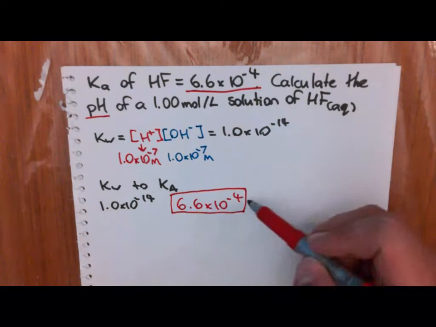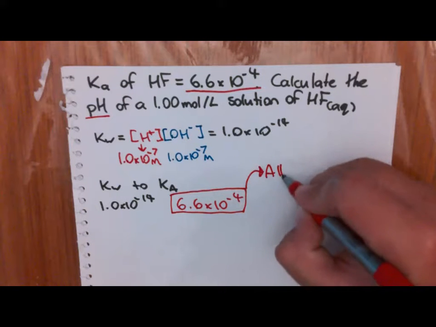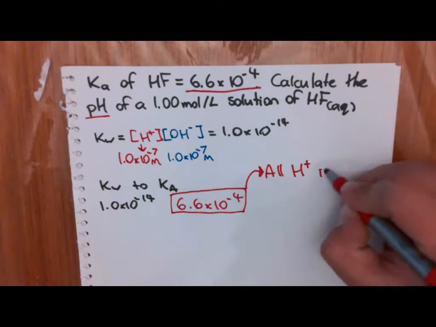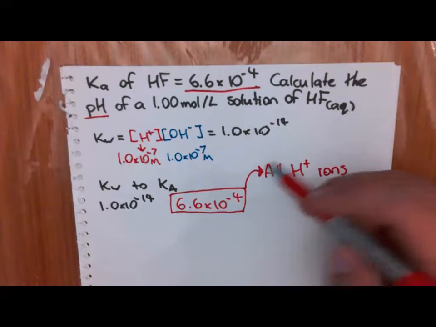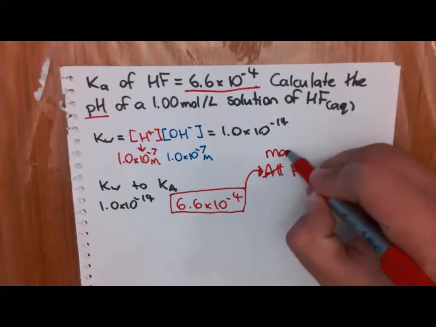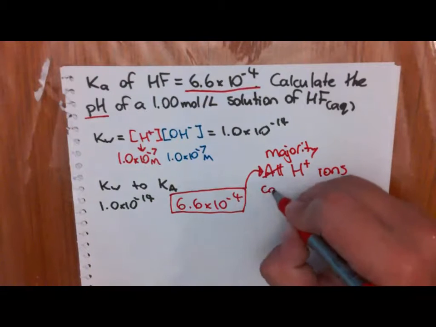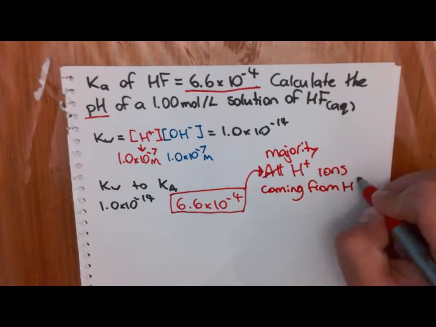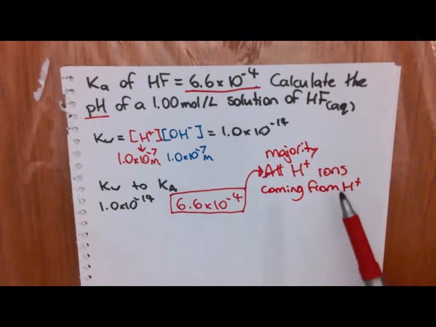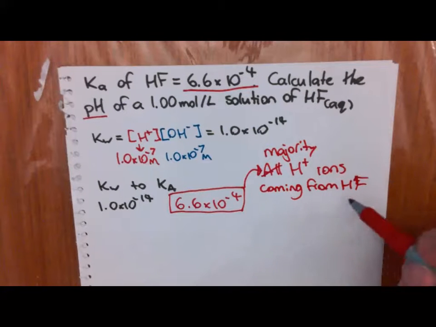So we can say with certainty that, well, I shouldn't say all, the majority of H plus ions are going to be coming from our HF.